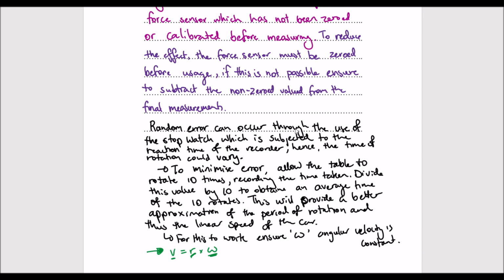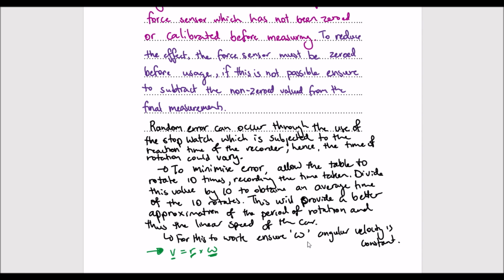The random error is most likely using our stopwatch, which is subject to the reaction time of the recorder. So the time of rotations might not be very consistent. To minimize this, we can increase the number of rotations and record the total time, and then divide that to get an average rotation time. That gives us a better approximation. And if we know what the angular velocity is, or we can keep it constant, we can then work out the linear velocity.